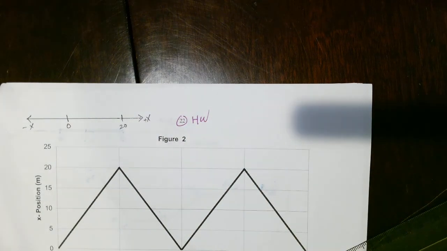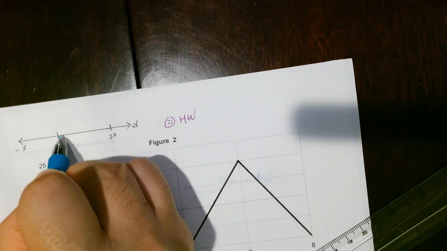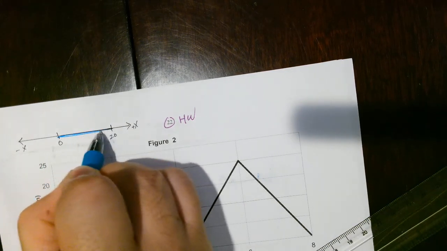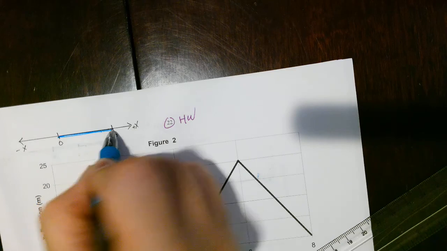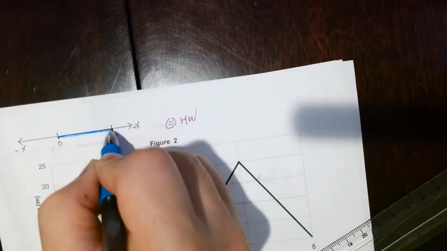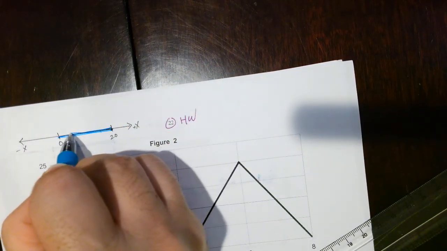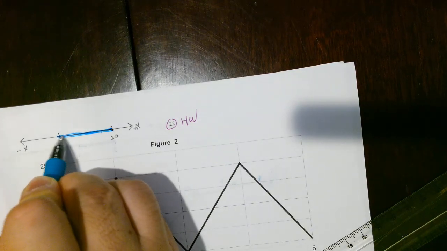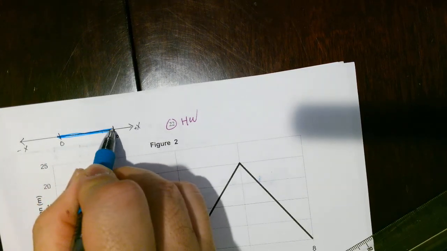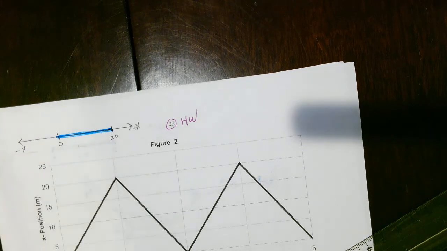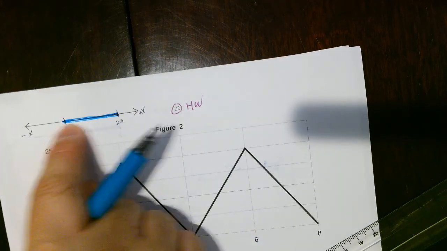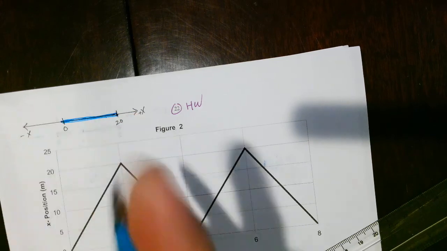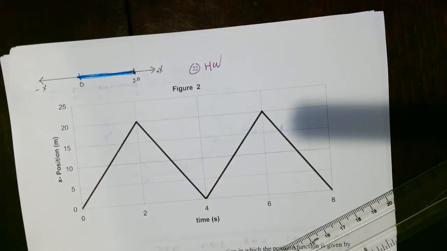This thing is going from 0 to 20 in 2 seconds, and then from 20 to 0 in 2 seconds, and then from 4 to 6 seconds I'm going 0 to 20, and then 6 to 8 seconds back from 20 to 0. So it's just going back and forth, just oscillating, right?